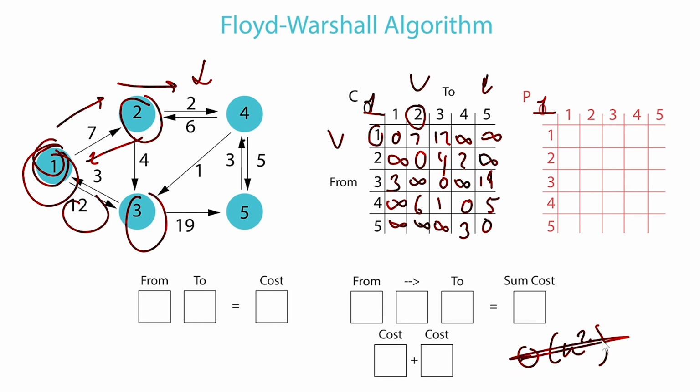But we'll erase this here, scratch it out. We have to go up to, again, how many vertices you have. In this case 5 vertices, but nth, it could be any amount. So in order to calculate one of these tables, it'll have a time complexity of O n squared. But in order to calculate, again, for every possible point to be an intermediate point to anywhere else, it'll be up to the nth.